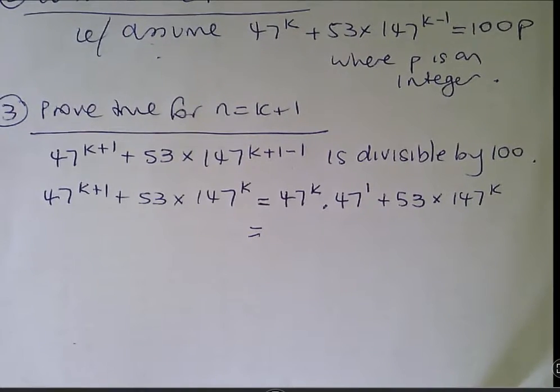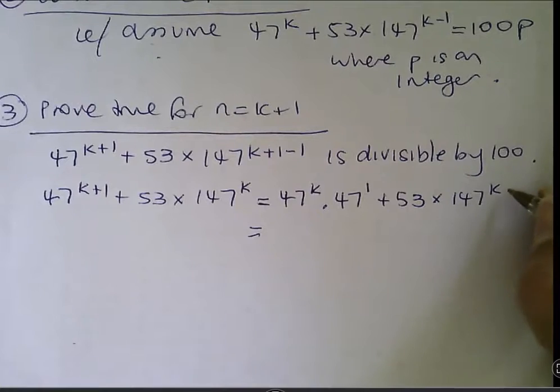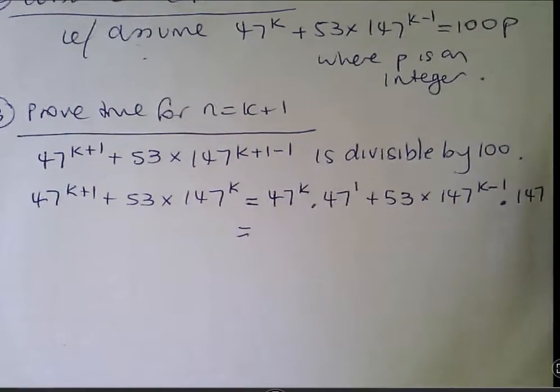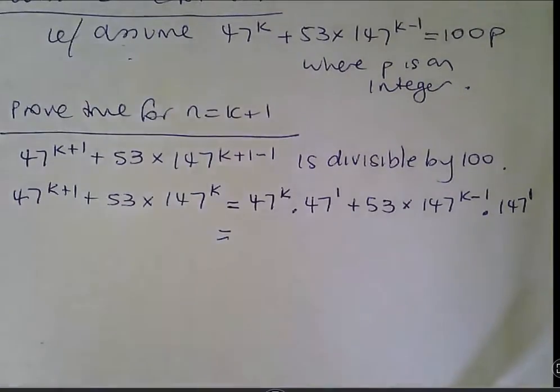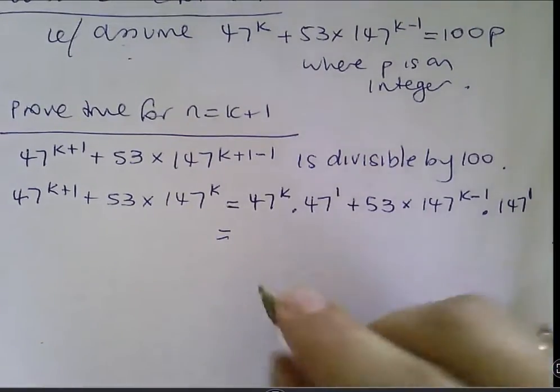So you want to keep this as k minus 1 times 147 to the 1. We can do that, or if you did have it like that, you can just bring it back later. There are many different ways of doing this. Let's just see how we go here, whether this is going to work or not.